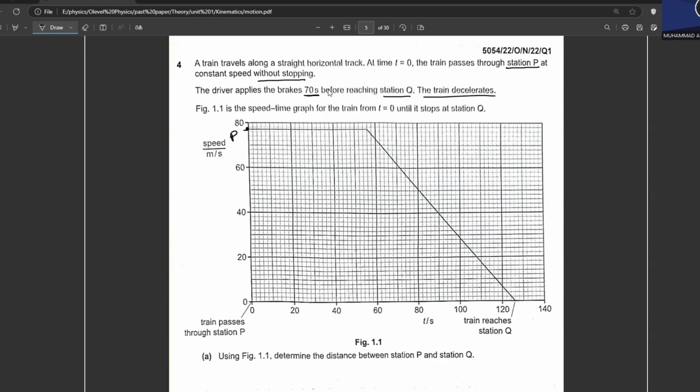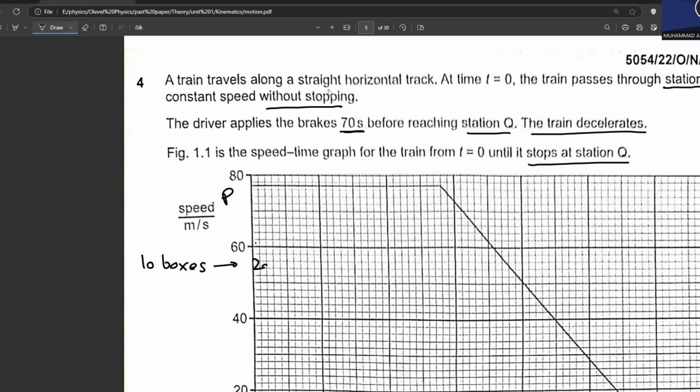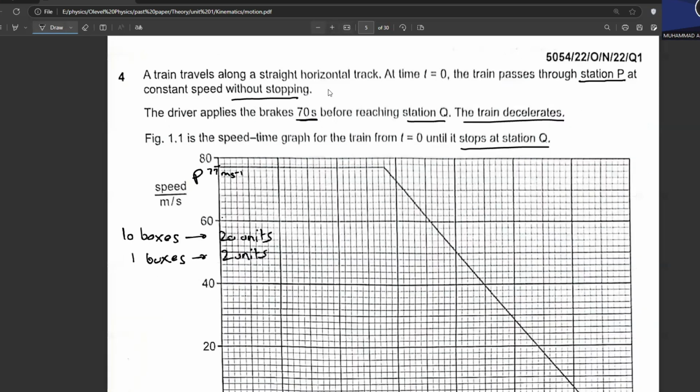Figure 1.1 is the speed-time graph of the train from t = 0 until it stops at station Q. Let's first calculate the speed. From 60 to 80 you have 10 boxes covering 20 units, so one box on the y axis is 2 units, a simple ratio method. So this will be 77 m/s as far as I can see.